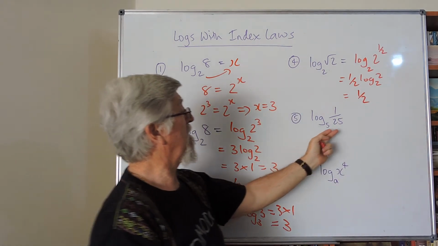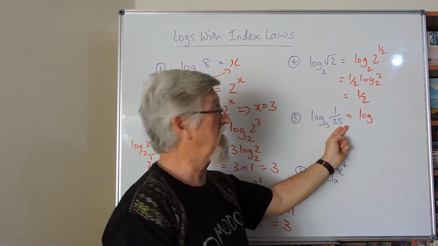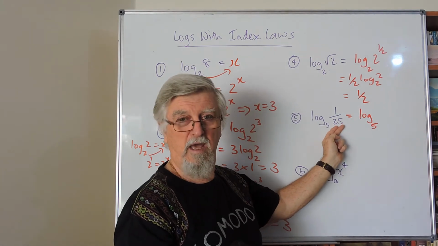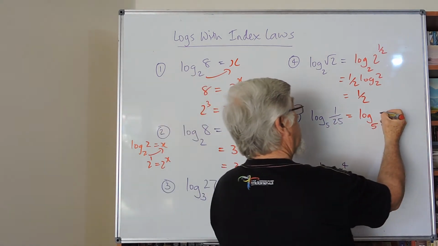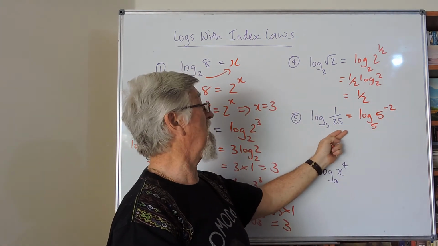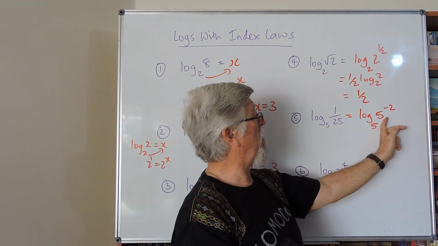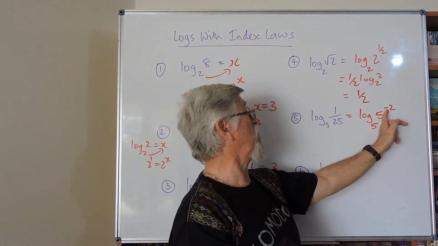Next one, how can I write a 25? I can write a 25 as 5 squared, talking about the base of 5. If I write that as 5 squared and I move it from the denominator to the numerator, it becomes 5 to the minus 2. Also in previous videos, if you haven't seen them, go back and have a look at that. So 1 on 25 can be written as 5 squared, but we've moved it from the bottom, the denominator, to the top, the numerator.